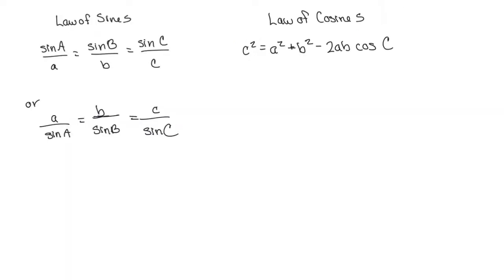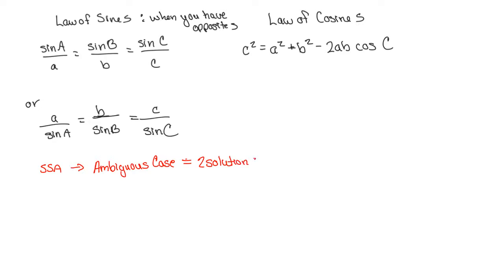All right, so again, just to reiterate these, we've got the law of sines, which, remember, is when you have opposites. And also remember with the law of sines that if you have side-side-angle, that means it's an ambiguous case, which means there's two solutions, one acute and one obtuse.